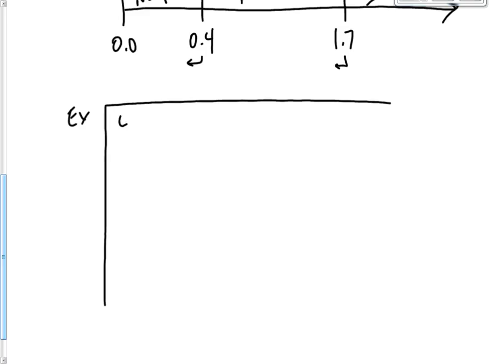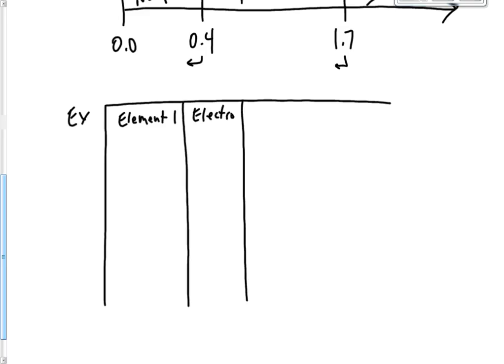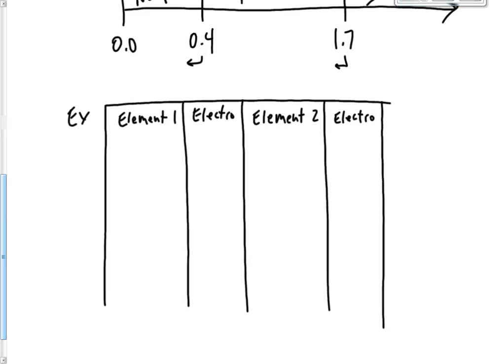Okay, so if we did an example chart, you've got element 1 and its electronegativity value. Then you have element 2, its electronegativity value. The result. Okay.